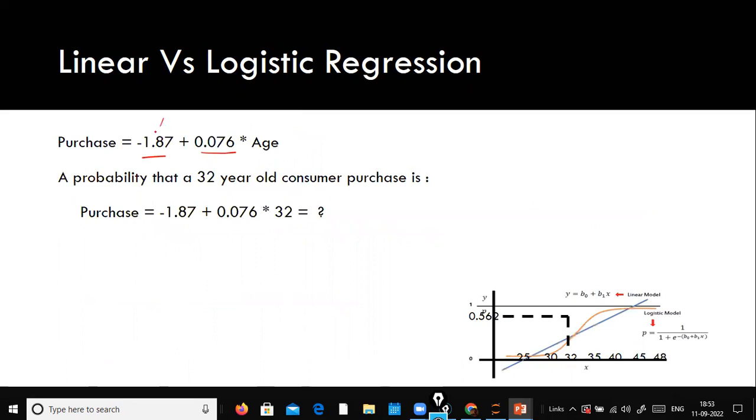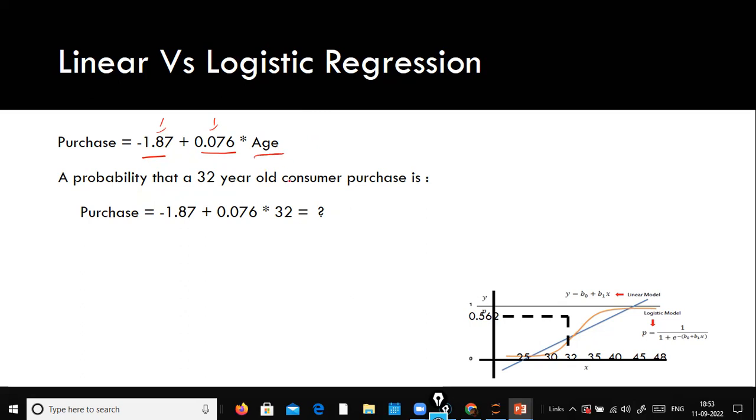I don't have to compute it manually. These two values were estimated by my model, and I just plugged them in here. Now, let's say my manager is asking: what is the probability that a 32-year-old customer is going to purchase from me?